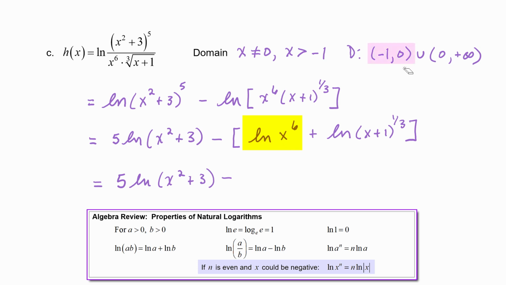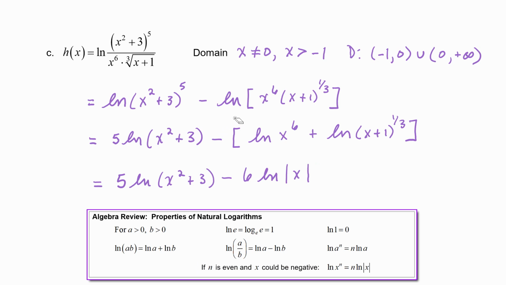There are parts of the domain that are negative. So this is the case where we have to write this as 6 times the natural log of the absolute value of x, because we have to make sure that if a point from this part of the domain gets plugged in there, we're still taking the natural log of a positive.